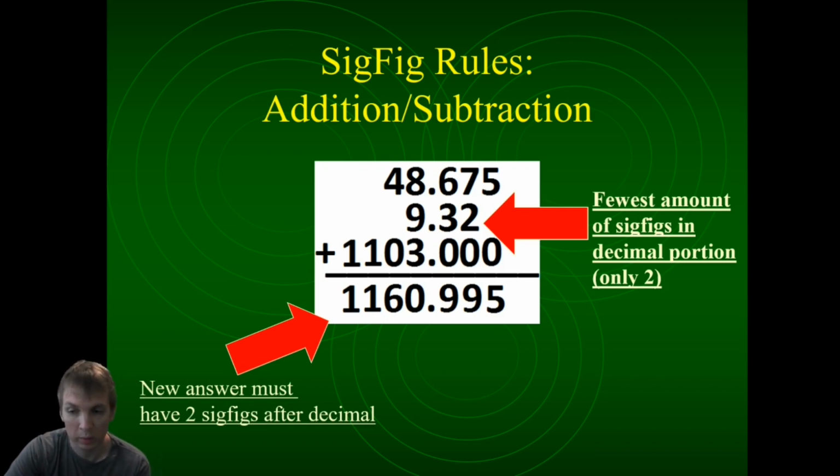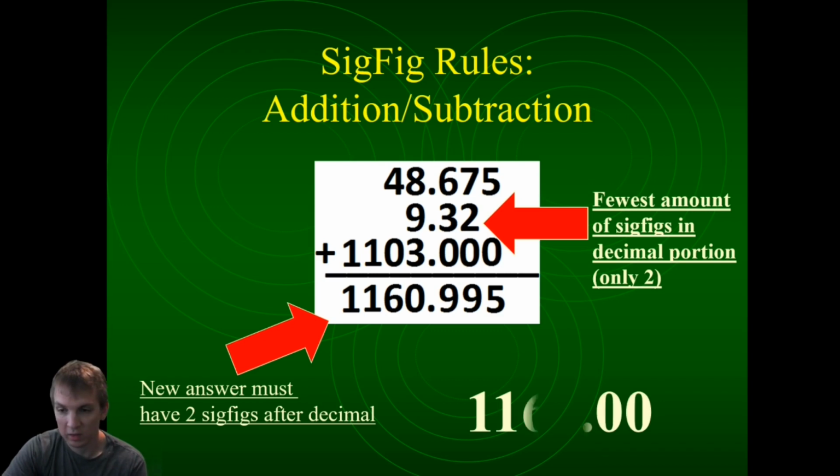All right, so what do we do? We've got maybe a couple of guesses. Do we just cut off that 5 at the end entirely and ignore it? Or is there some rounding involved here? Well, the correct answer would be 1161.00. And the reason for that is because we had to round that 5 up. We had to round this 9 up because of this 5.